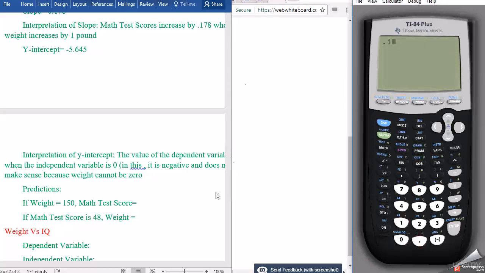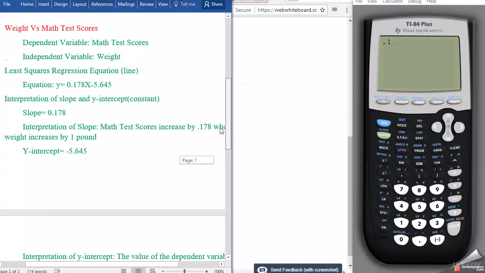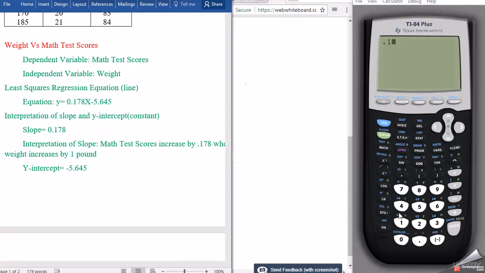Let's go up here so we can see the equation: 0.178 times 150, and then minus 5.645.